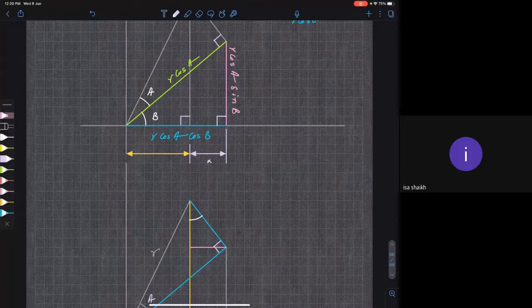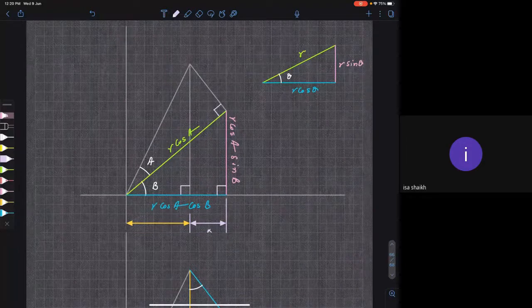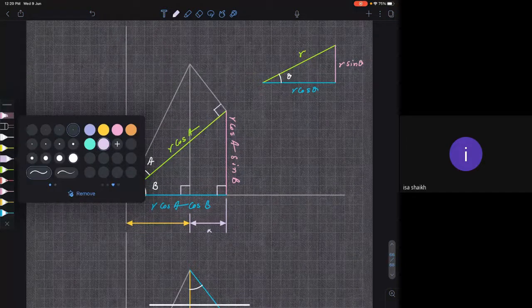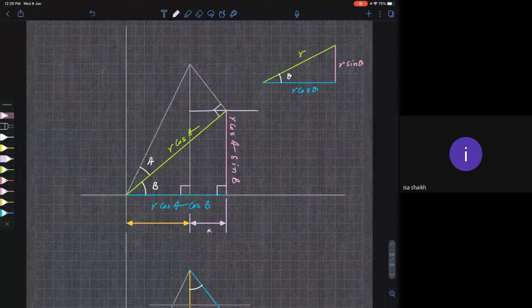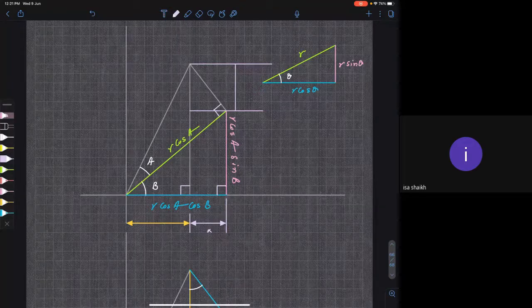Are you getting my point? And one more thing here. If I draw a line from here, if I somehow get the value of this side, I'll just explain after drawing.